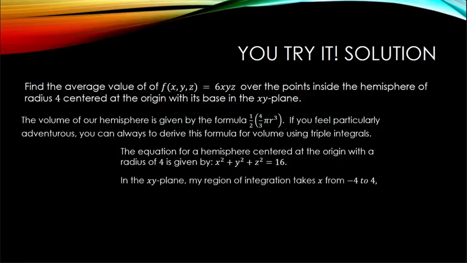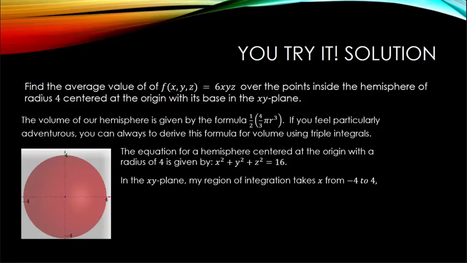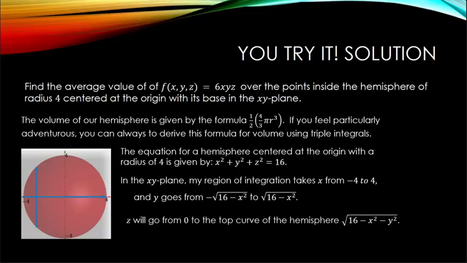In the xy plane, my region of integration takes x from -4 to 4 because the projection is a circle in the xy plane. My y goes from negative square root of 16 minus x squared to square root of 16 minus x squared, and z is going to go from 0 to the top of the curve of the hemisphere, which is the square root of 16 minus x squared minus y squared.